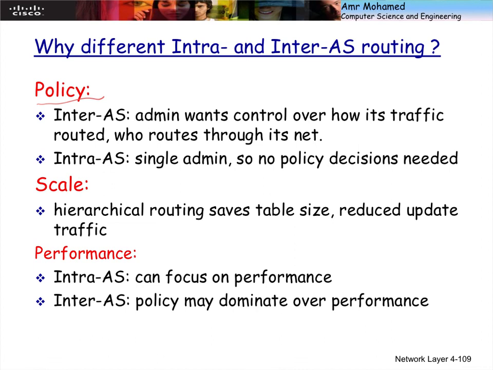So a specific entity, like Ooredoo or Vodafone, wants to have control over their infrastructure. So in that case, they can use any intra-autonomous system routing protocol inside their infrastructure. They may use RIP or OSPF or EIGRP or something like this.